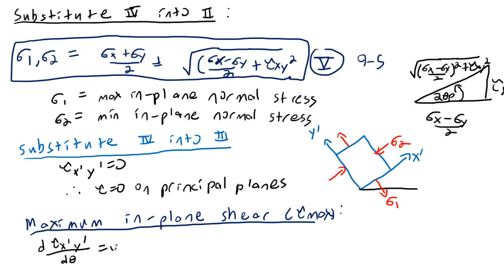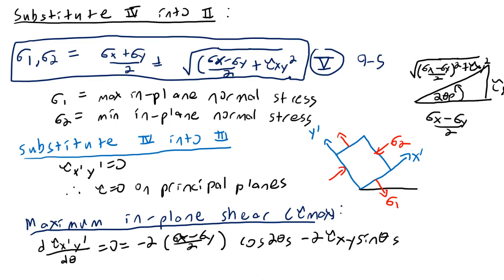equals 0 equals negative 2 times sigma x minus sigma y over 2, taking the derivative, times the cosine of 2 theta s. Theta s will be the angle that we call the angle of maximum shear stress. Let's see, minus 2 tau xy sine of 2 theta s.